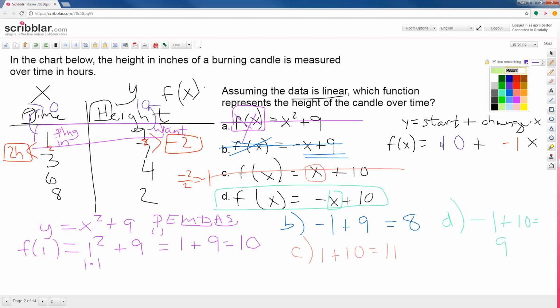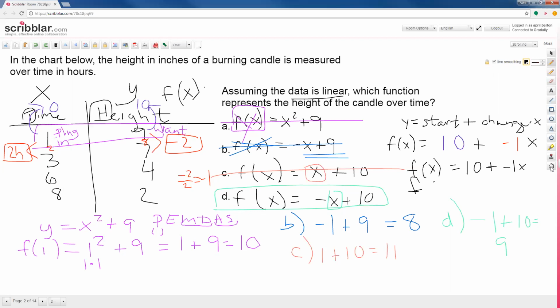So our equation is f of x equals 10 plus the -1x, which doesn't look exactly like any of our answers. You can rewrite a few things or change things around and have it still be the same thing. You can change the order and you're still fine.